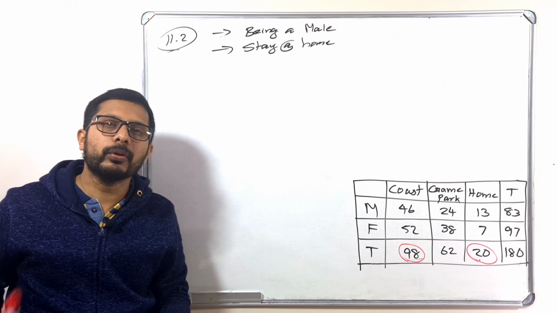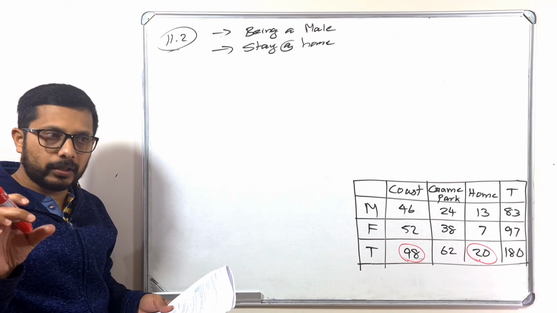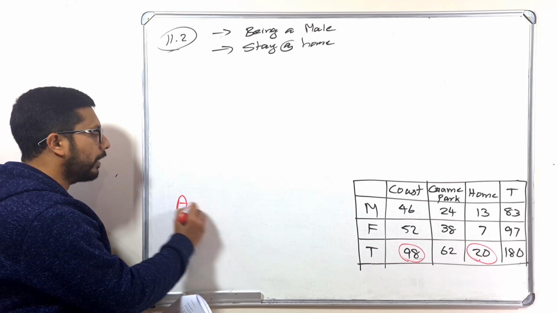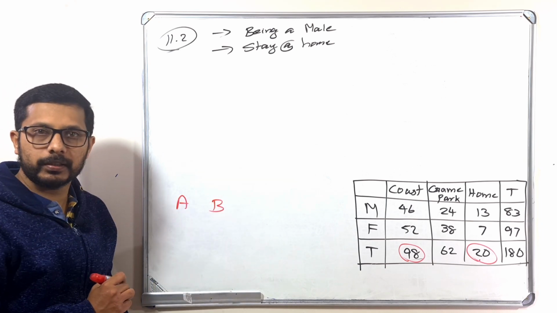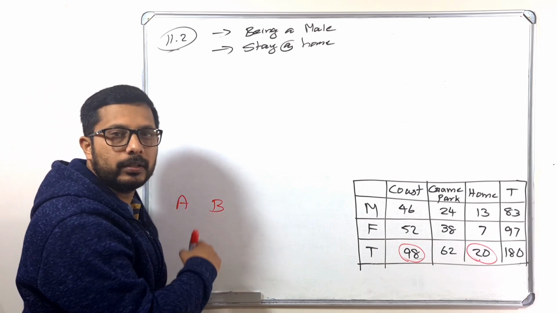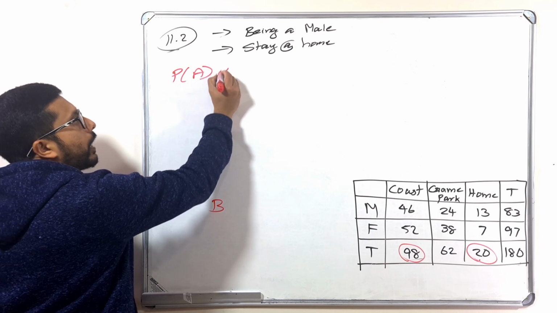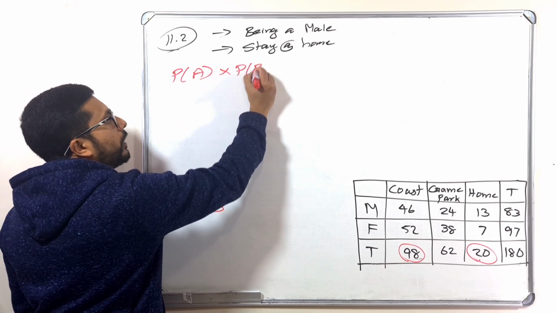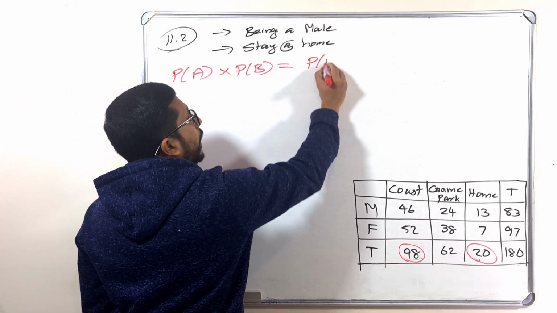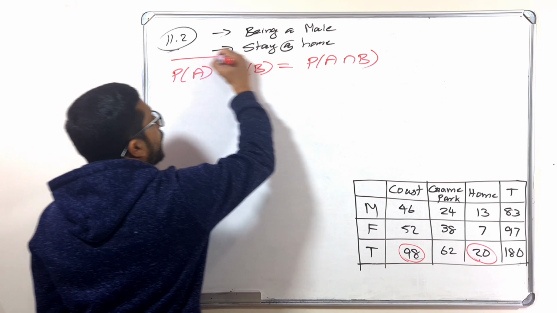Do you remember the formula that you studied to prove two events A and B are independent? If two events A and B are independent, the formula is probability of A times probability of B, equal to probability of A intersection B. You have to remember this one.